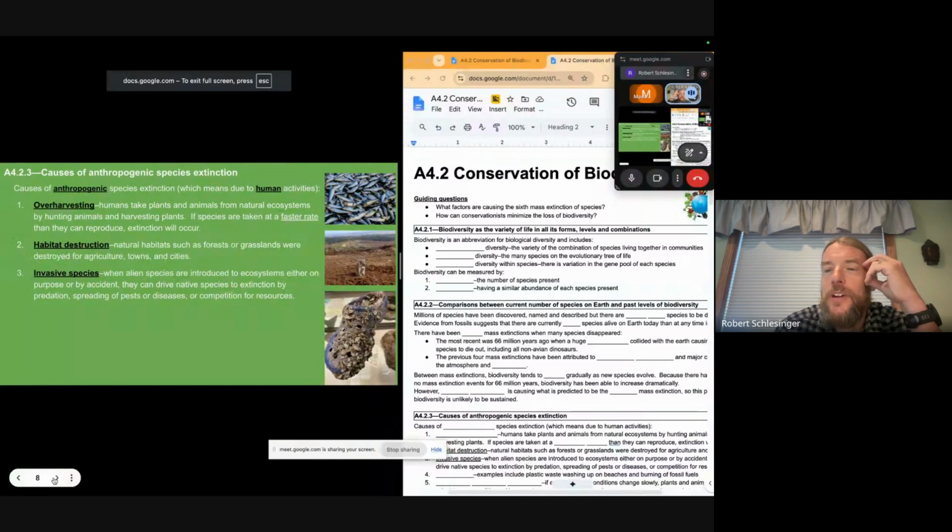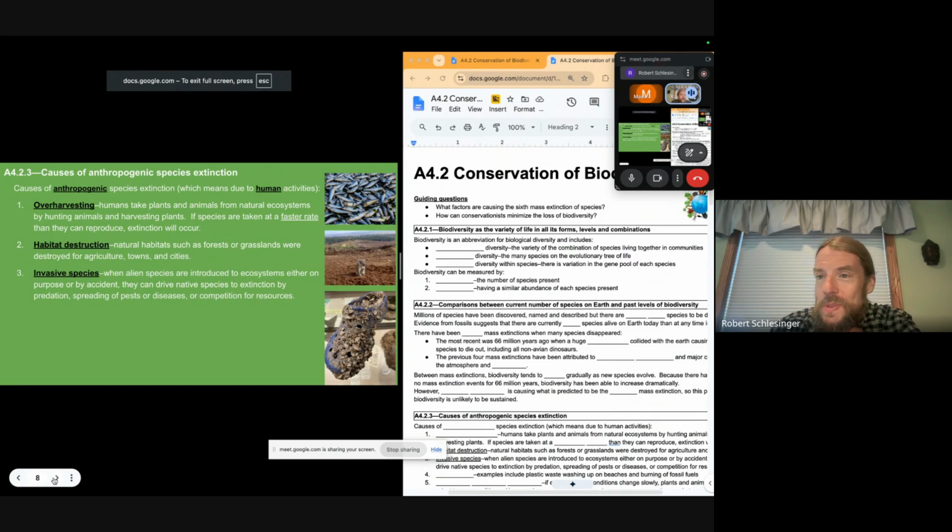There was a fella in the United States who wanted to introduce all of the animals featured in Shakespeare's work to North America. So he brought starlings back from Europe and introduced them to New York because he thought, New York deserves these birds that are written about by Shakespeare. And they've just exploded in numbers and outcompeted tons of other native birds.